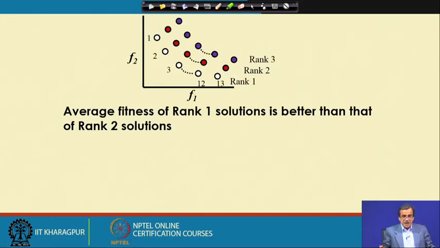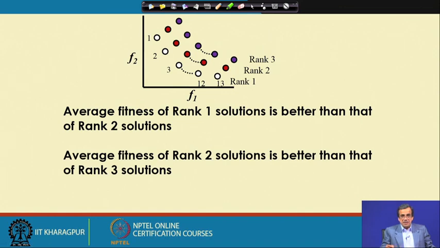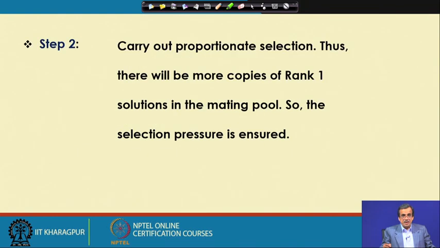The average fitness of rank 1 solutions is better than that of rank 2 solutions. Similarly, the average fitness of rank 2 solutions is better than that of rank 3 solutions. And we carry out proportionate selection. Here in proportionate selection, which we have already discussed, the probability of selection is proportional to the fitness. So, there is a possibility that in the mating pool there will be more rank 1 solutions, which is going to ensure the selection pressure in this GA search.